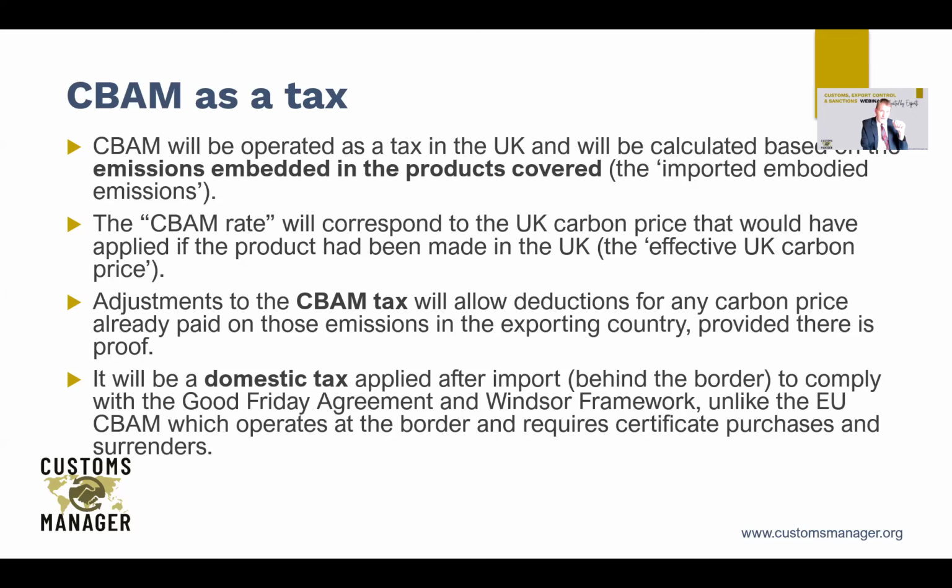We need to deal with the fact that in other countries, there might be a CBAM tax or a carbon price already paid. So if in one country a carbon price has already been paid, then you should not be forced to pay that again. And therefore, you can deduct the carbon price from your price.